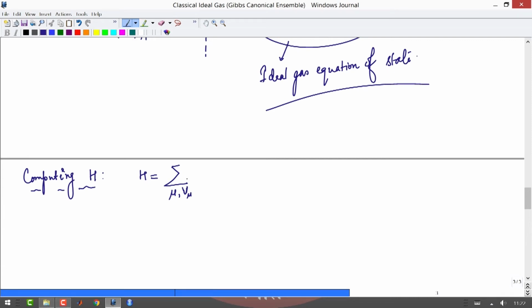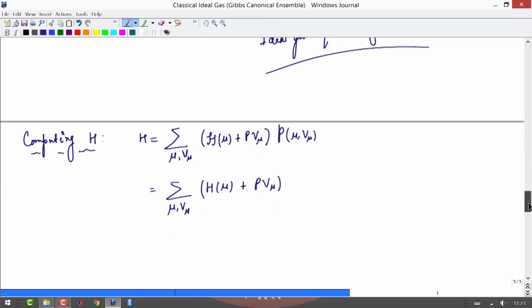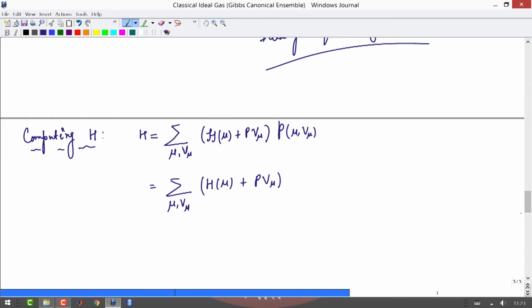This is a microstate mu with a volume V mu, and you take the enthalpy of this microstate, which is the Hamiltonian plus P V, and you have to sample it in the distribution of the microstates. We are going to sample the enthalpy in this distribution.